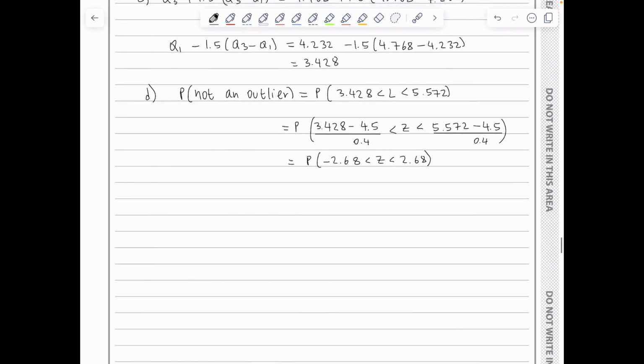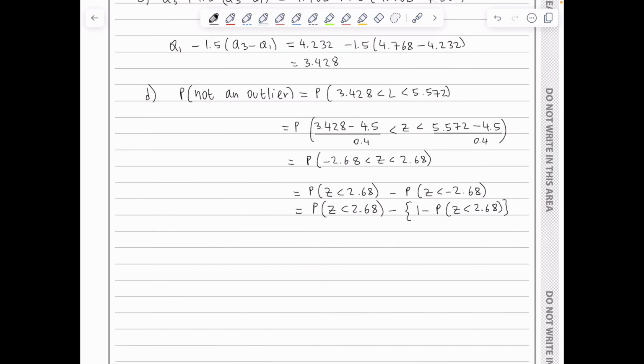So this is the probability of Z being less than 2.68 minus the probability of Z being less than minus 2.68. The probability of Z being less than 2.68, I can extract from the normal distribution table. However, for the other one, I need to make sure that this is positive. So I can write this as the probability of Z being less than 2.68 minus, and I open brackets, 1 minus the probability of Z being less than 2.68.